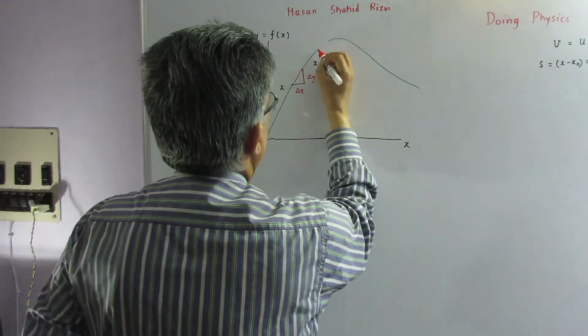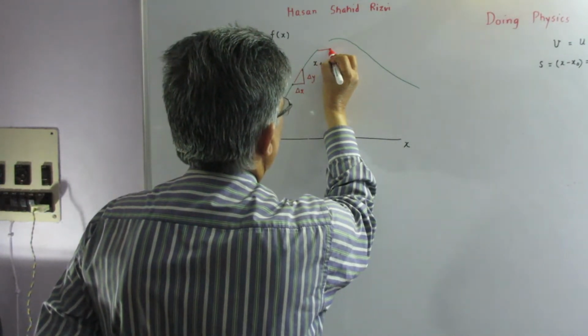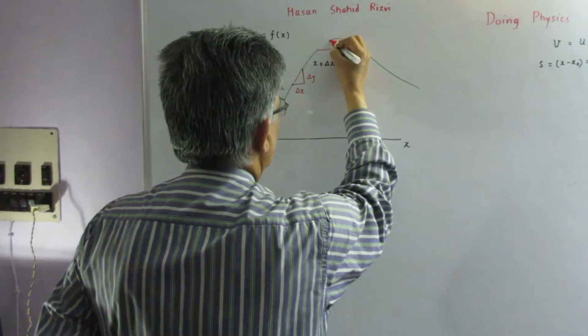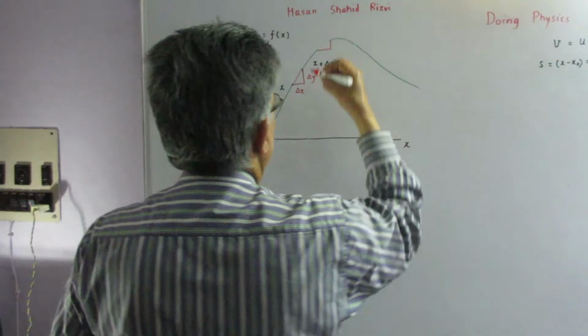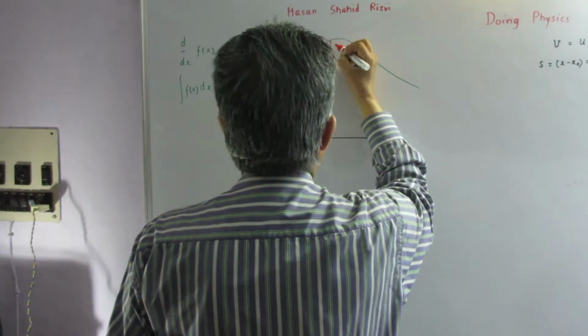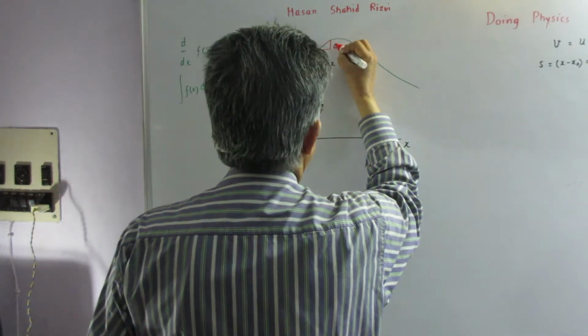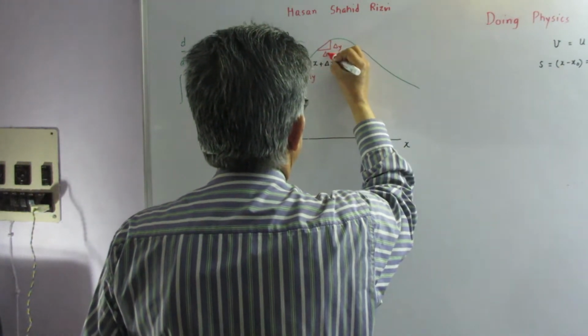You can see that the value of delta x is the same, but the value of delta y is a lot less than the value of delta y that was there.